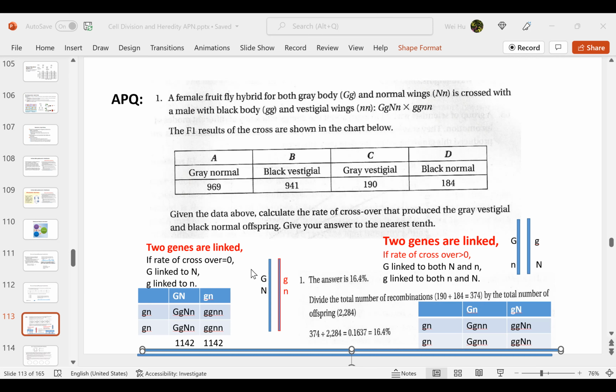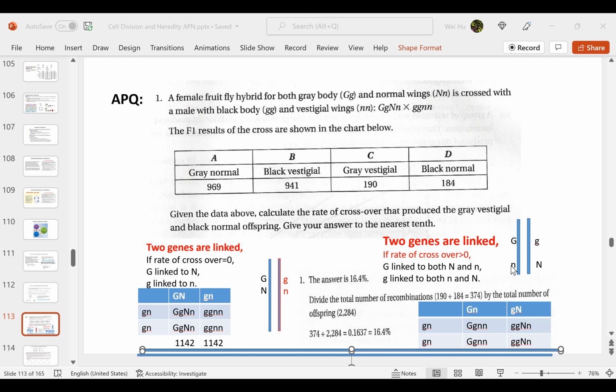So see, I gave you an illustration. So you have 2 chromosomes, correct? So 2 chromosomes, this is a pair. So let's say the blue one is your mom. So your mom will give you a big G, big N. Your dad is here, mixture. So your dad gives you a small g, small n. Okay, so if you don't have crossover, then they separate.